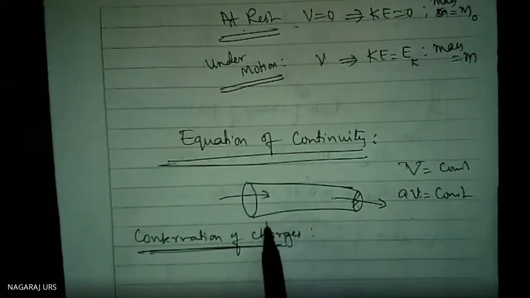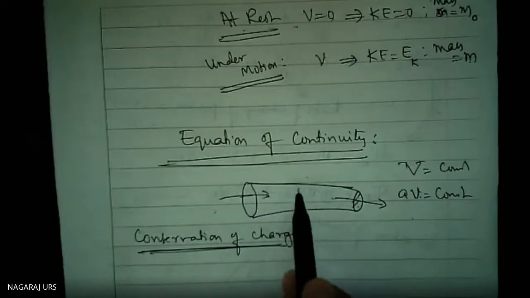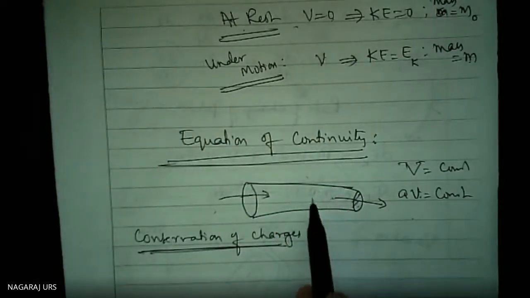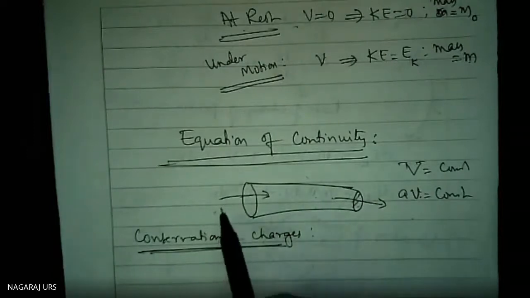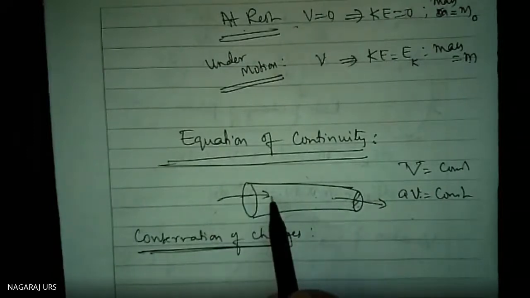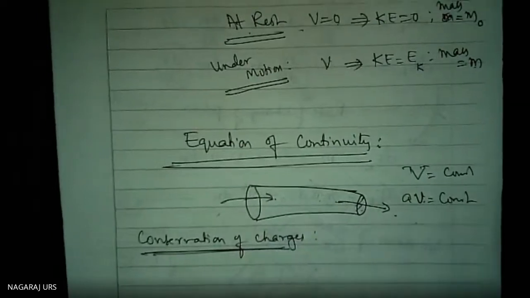In that situation, the rate of increase of charges within that volume is equal to the rate of flow of charges. How many charges are flowing in and how many are leaving that volume, they are equal to each other. That is the principle of conservation of charges.